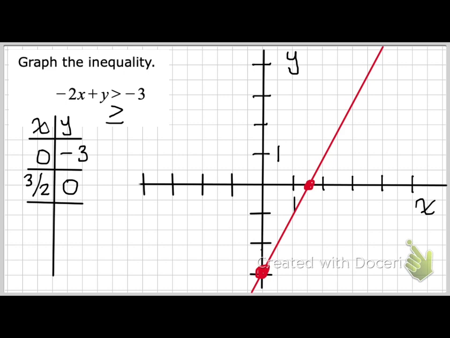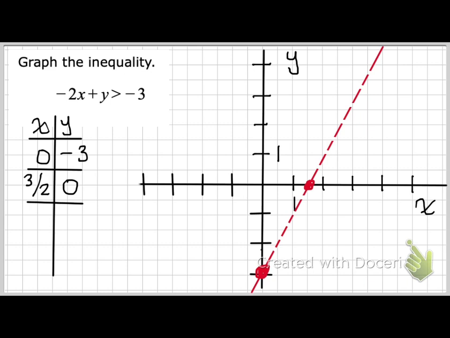But since the equal sign is not there, I'm going to dash this line here, like so, and then I'll be going up to that edge and not including that edge.